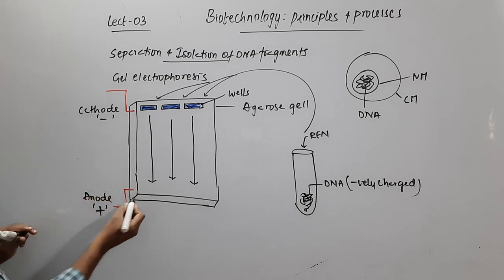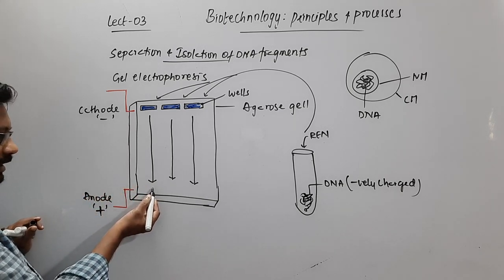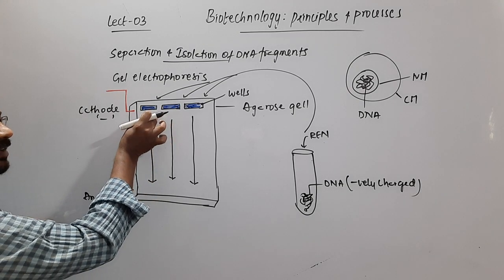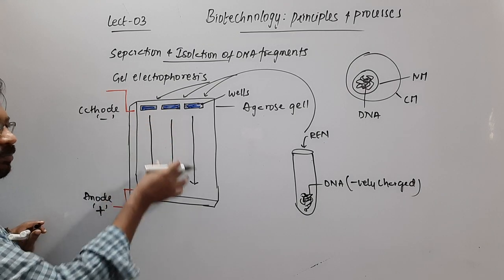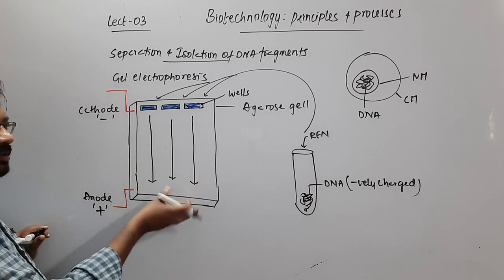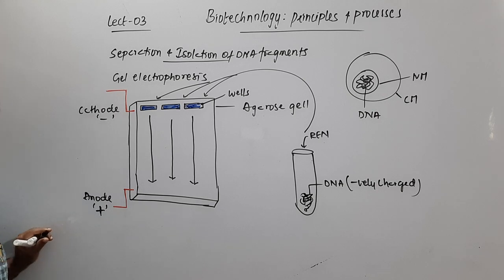The smaller fragments will come almost near to this anode, whereas the longer fragments will not be able to move through the porous structure of this agarose gel. This agarose gel has pores through which these DNA molecules will be moving.